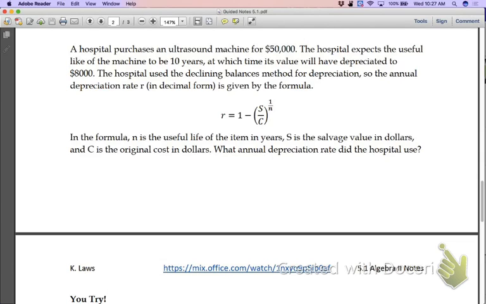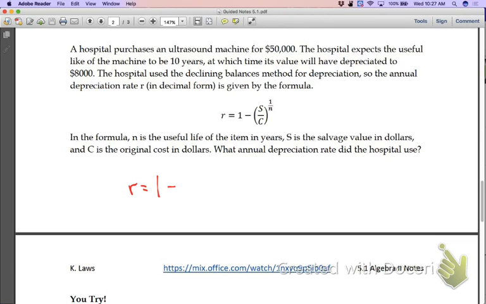So R equals 1 minus, what's going to go in for S? What's the salvage value? How much is it worth now? No, we bought it for $50,000.